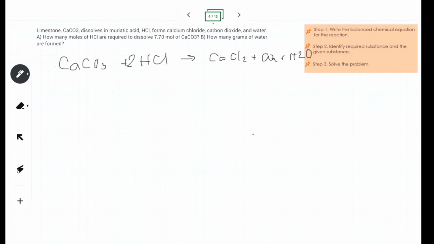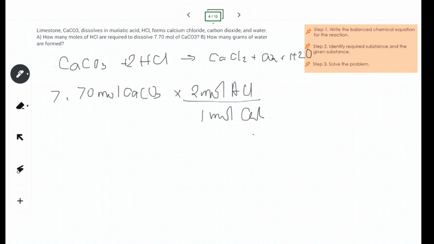Now in part A, we are given limestone, CaCO3, and we need to convert it to moles of hydrochloric acid. So we will multiply 7.7 moles of limestone by 2 moles of hydrochloric acid over 1 mole of calcium carbonate.